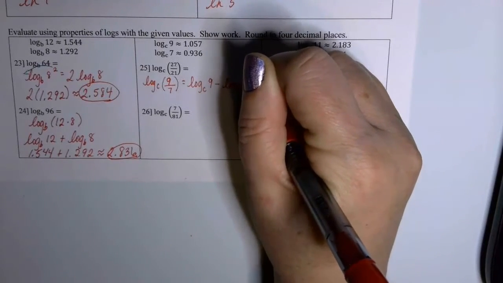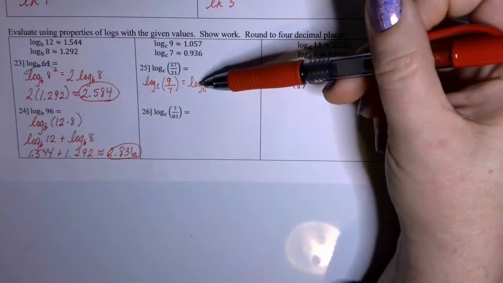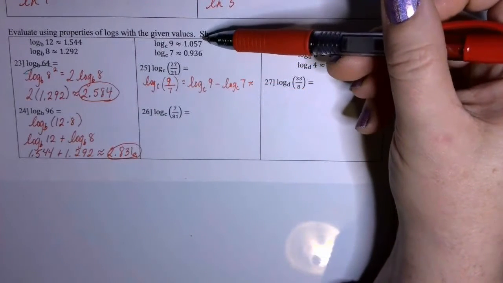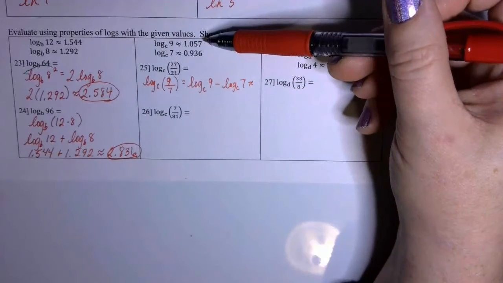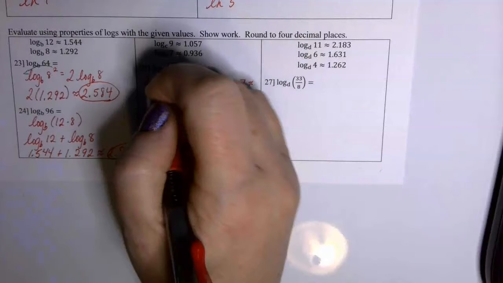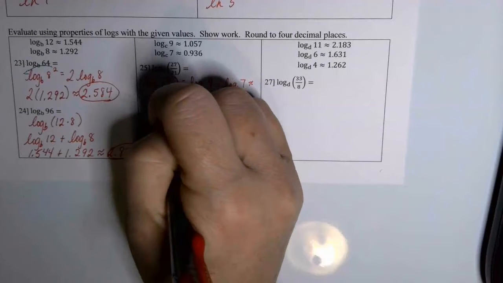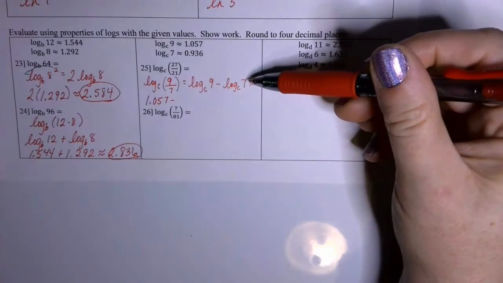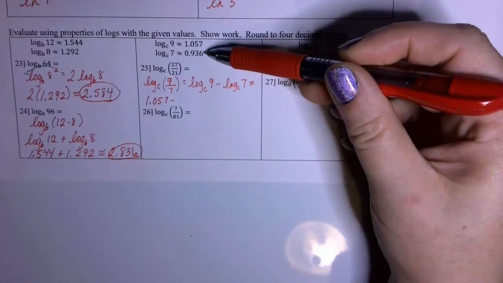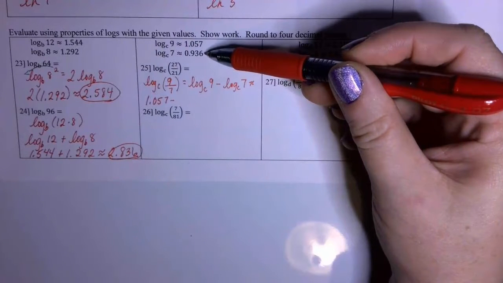And we have expressions for log base C of 9, that's given as 1.057. And then the log base C of 7 is given to be approximately 0.936.